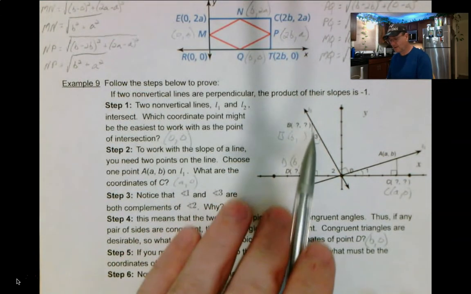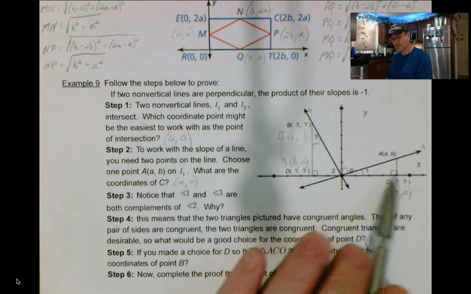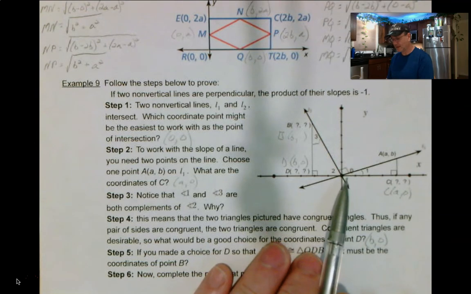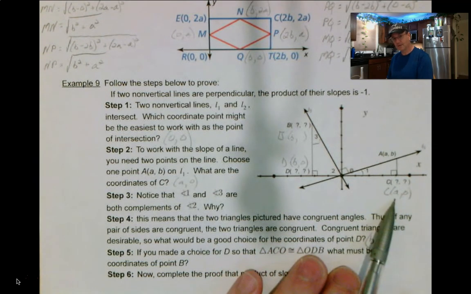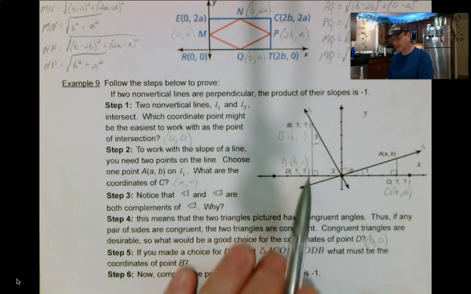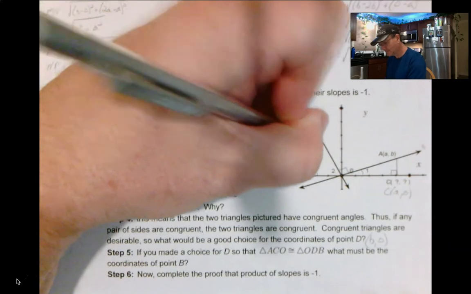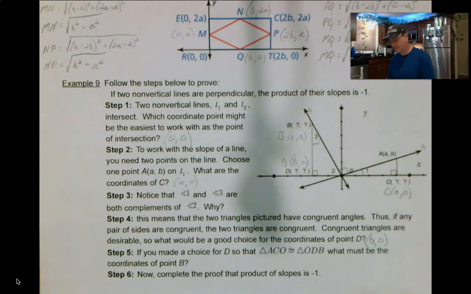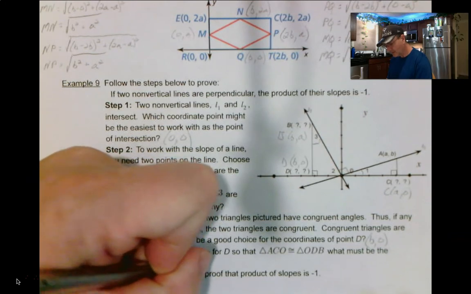We need BD to be the same length as OC. We said that earlier. What is the length of OC? A units long. So what's the length of DB? A units long. Making the coordinates for B, B comma A.